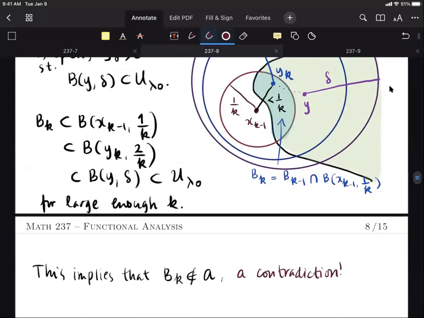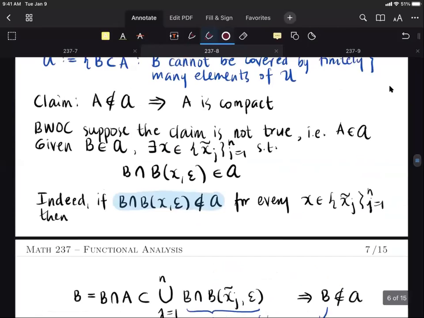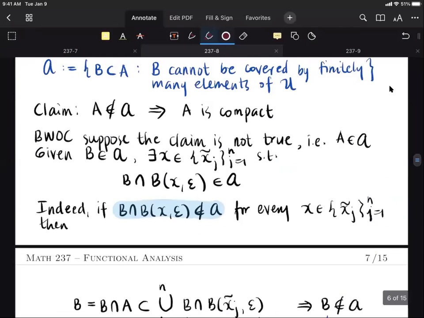So that's a contradiction. So going back to our claim, we suppose that the claim is not true and we arrive at a contradiction. Therefore, this assumption is not valid.